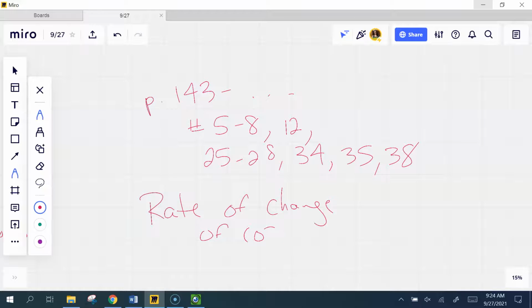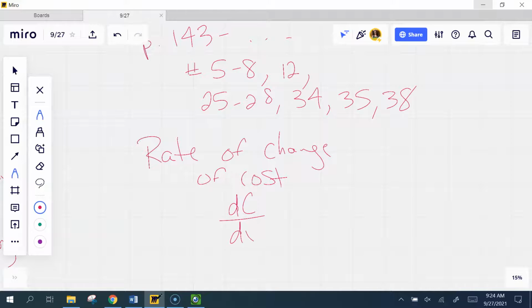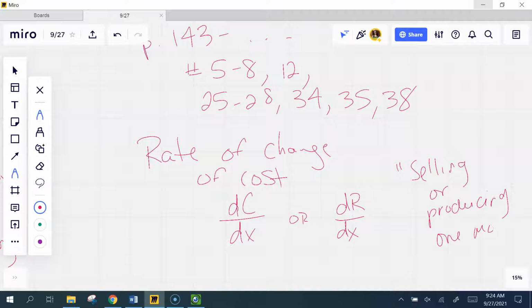Would that be drainage? What's that code? This is to help you with number 28, guys. This means selling or producing one more. The derivative is giving you the cost of producing just one more.